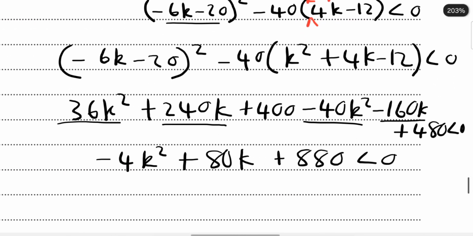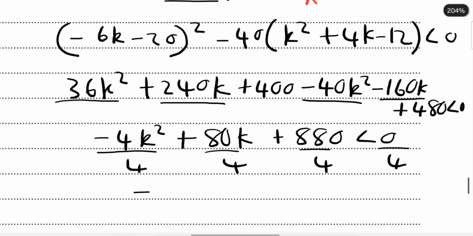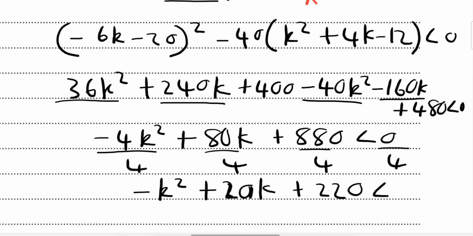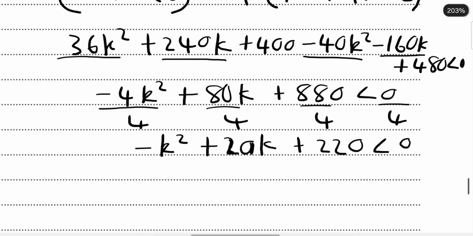Now we can divide everything by 4 to get minus k squared plus 20k plus 220 less than 0. Now this makes more sense. So just going to take this to the right hand side.